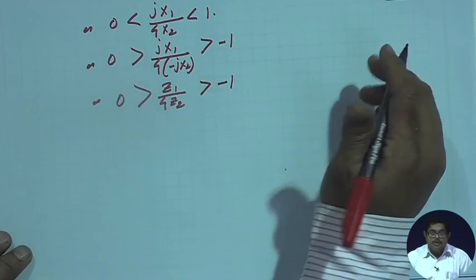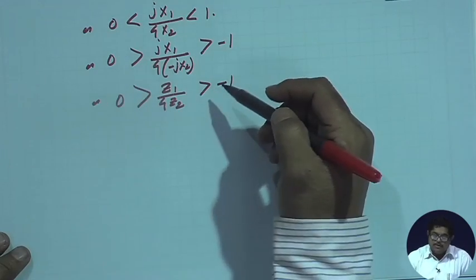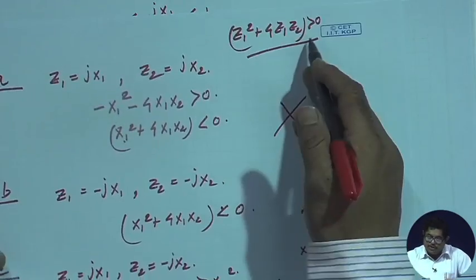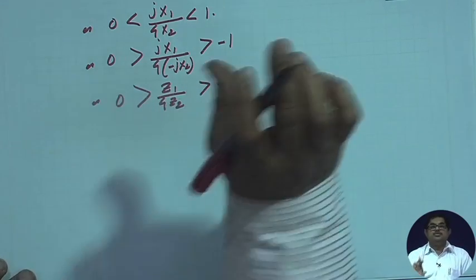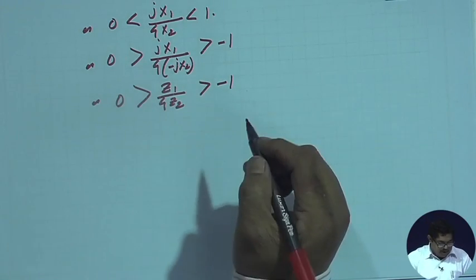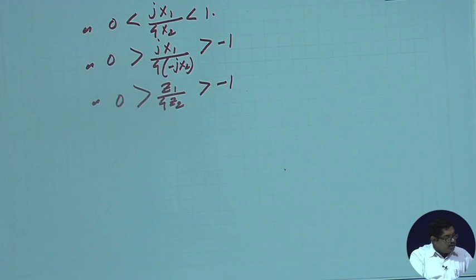So this is possible. If we enforce this condition, it boils down to the ratio Z1 by 4 Z2 being between 0 and minus 1.